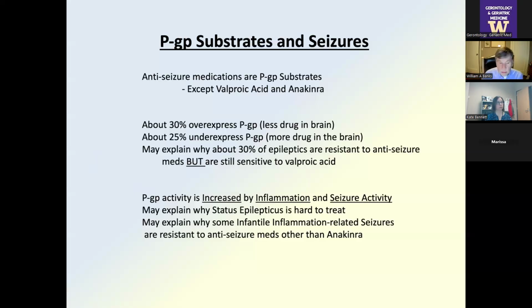And therefore, this may explain why status epilepticus is so hard to treat, because the more seizure activity you get, the more inflammation you get. The more inflammation you get, the less well PGP activity works. And so you are pumping out the very drugs that you need.